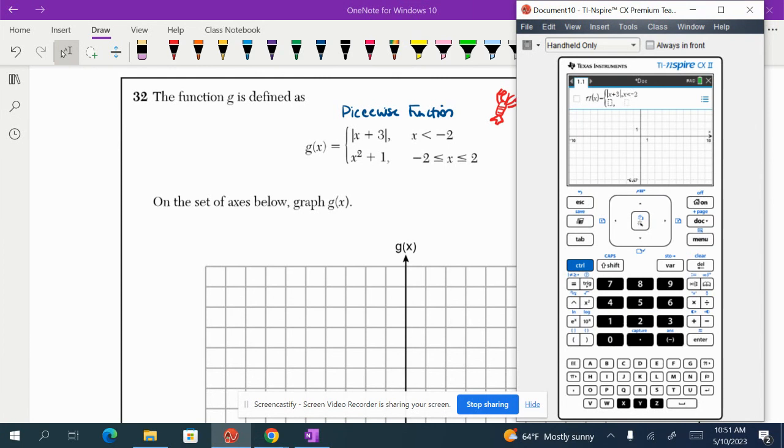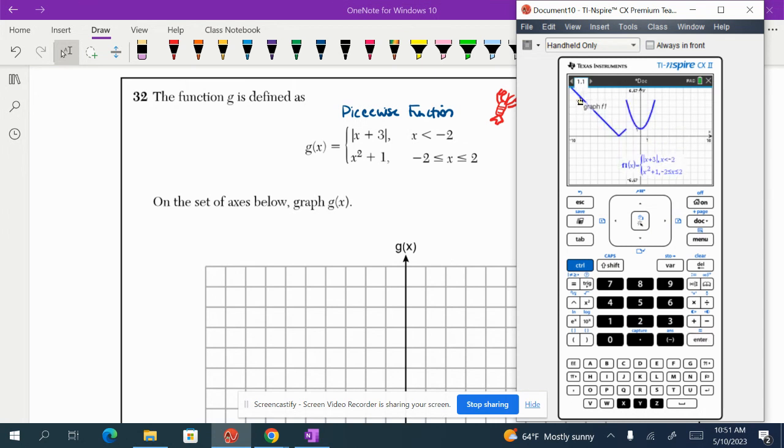Now I'm going to the second piece. On the second piece, it's going to be x squared plus 1, and then my inequality is from -2 to 2.